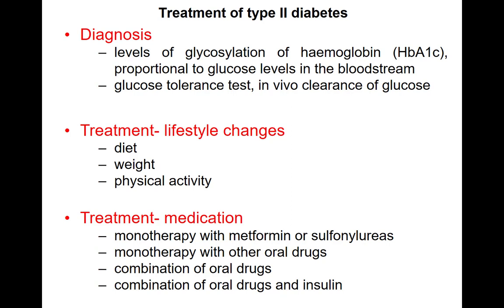And if the monotherapy doesn't work sufficiently, then there's the option of using a combination of two or more drugs that work by different mechanisms. And in addition, if necessary, the patient can be injecting insulin as the need arises.